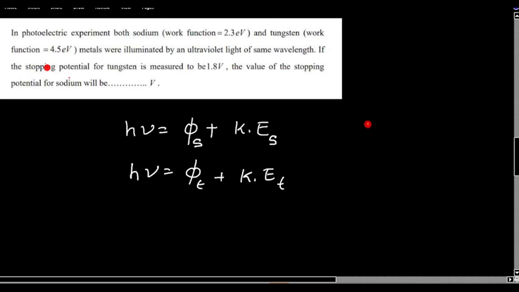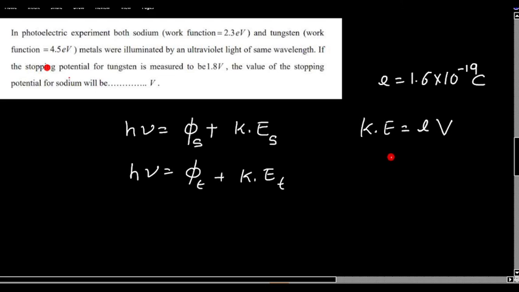And we know that the kinetic energy, because the stopping potential values are given to you, is nothing but eV, where e is the electron charge, 1.6 into 10 to the power minus 19 coulomb, and V is the stopping potential.